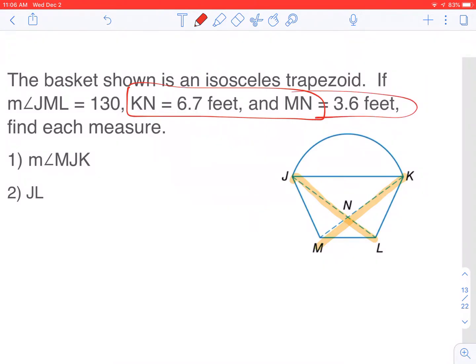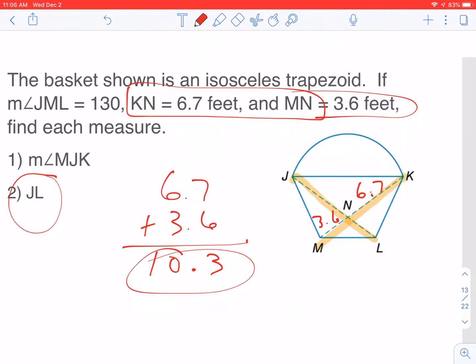If I label my picture, KN is 6.7 and MN is 3.6. Well, I add those up, use your calculator, you get 10.3. And that is the answer for JL, because those two diagonals are the same. All right, so that's just trying to get you to understand the properties of trapezoids.